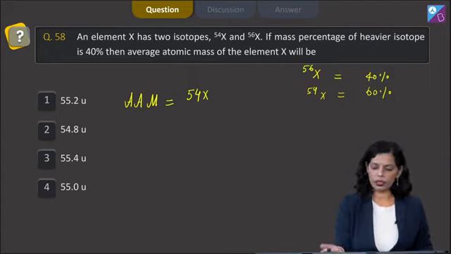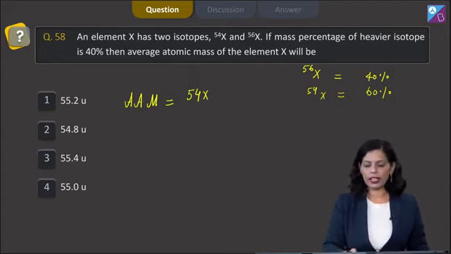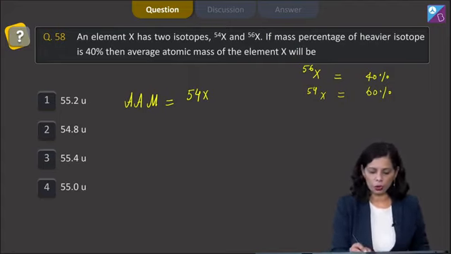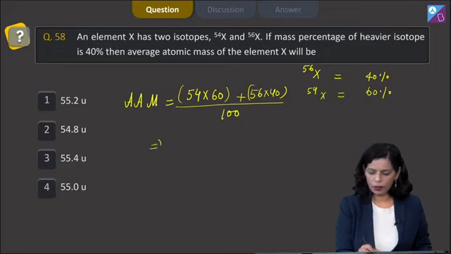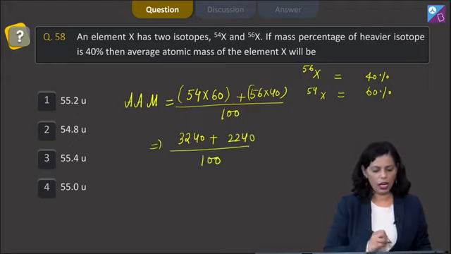Clear? So the values I'm going to take here: 54 into 60 for the lighter one, and for the heavier one 56 into 40, divided by 100. So this would be 3240 plus 2240 by 100.